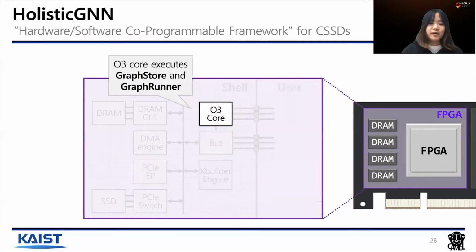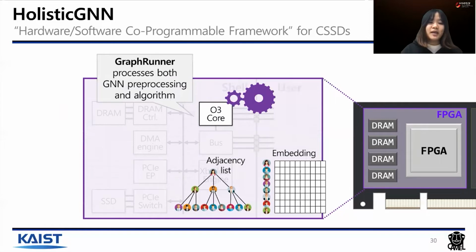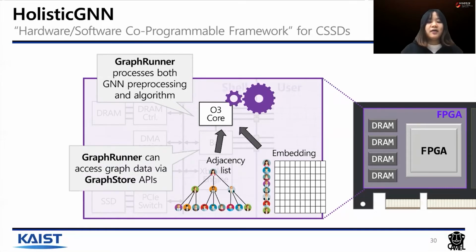And there is also a core in the shell region that executes GraphStore and GraphRunner. GraphStore converts the array to an adjacency list and stores both the adjacency list and embedding to the SSD. GraphRunner processes GNN preprocessing and the GNN algorithm near storage, and it can access the graph data via GraphStore APIs.